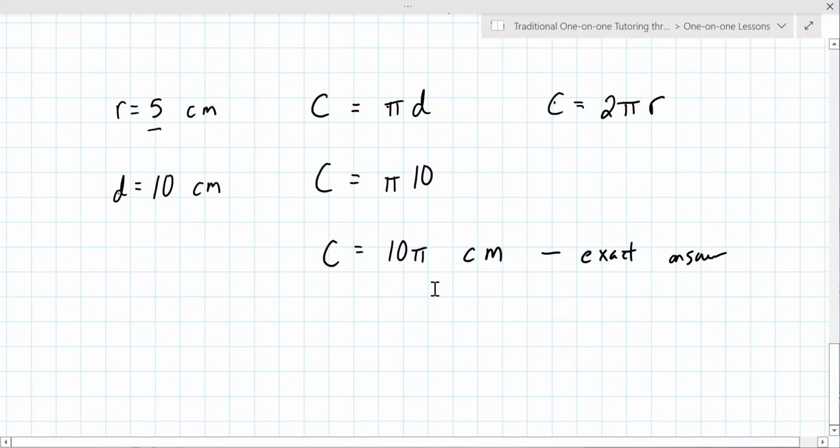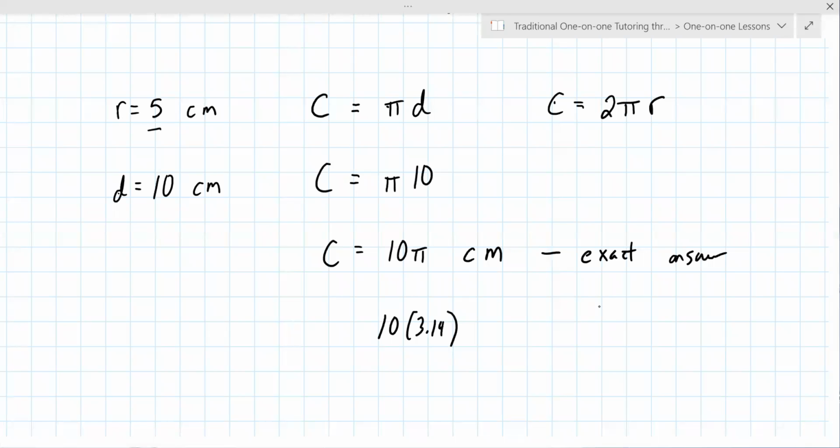Now, do you have a calculator? Yeah, I have it. Okay, so I want you to take 10 and multiply it by 3.14. What is the result? 31.4.